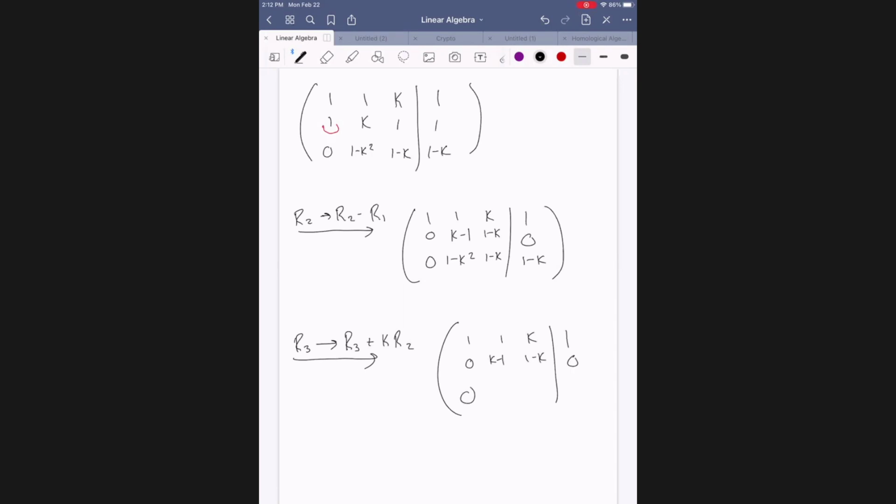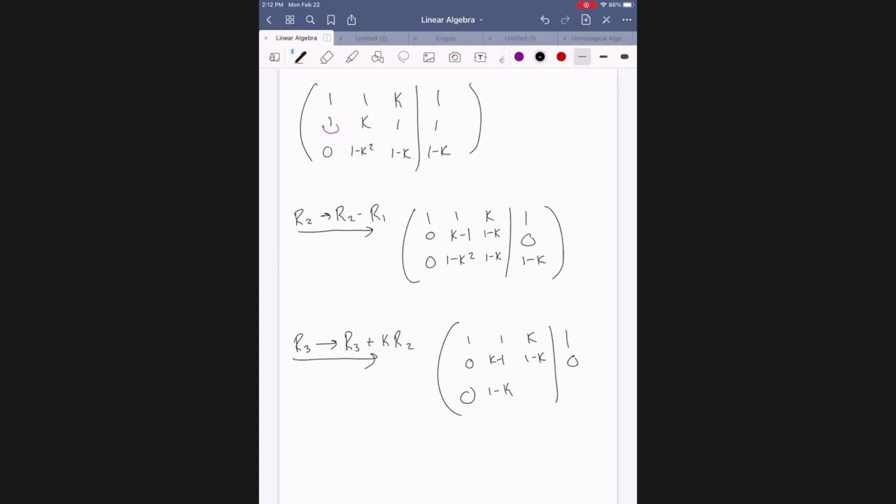So, okay, so this would give me 1 minus k squared plus k squared minus 1, right? Sorry, minus k. So it should be just 1 minus k, I believe. So yeah, 1 minus k squared, sorry, plus k squared minus k. So yeah, that checks out.